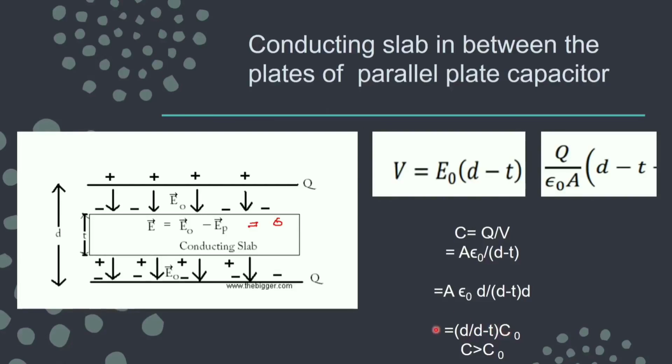So C is always going to be greater than C naught. It means even if I have a conducting slab or a dielectric slab, C is always found to be greater than C naught, where C naught is the capacitance when there is no medium, or you can say vacuum, and C when it is kept in some medium.